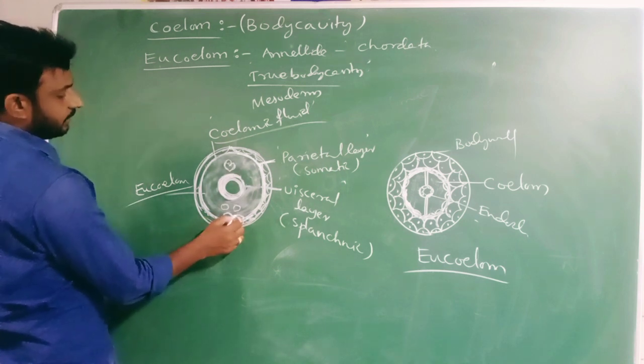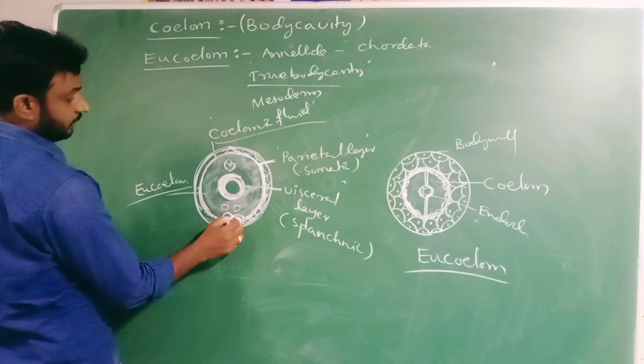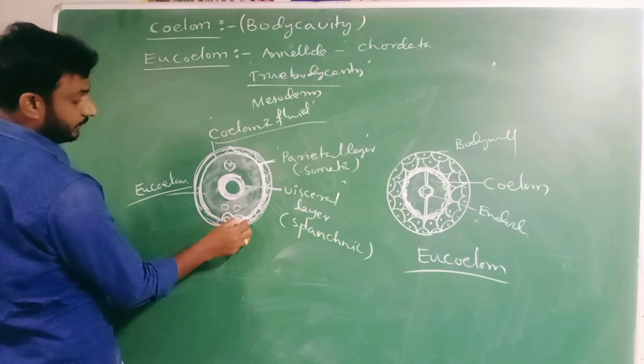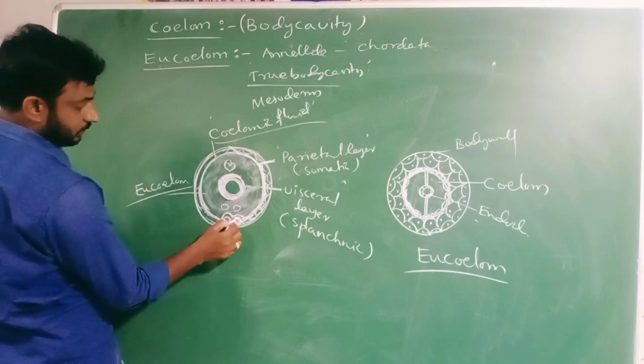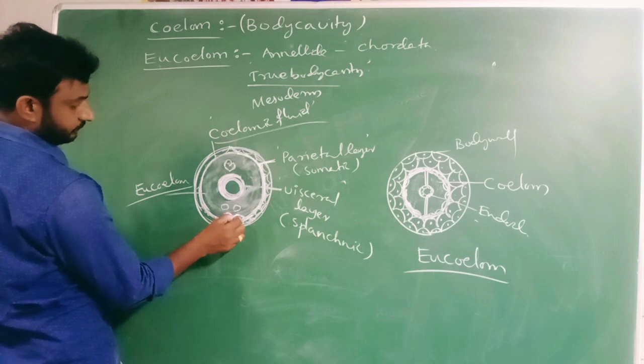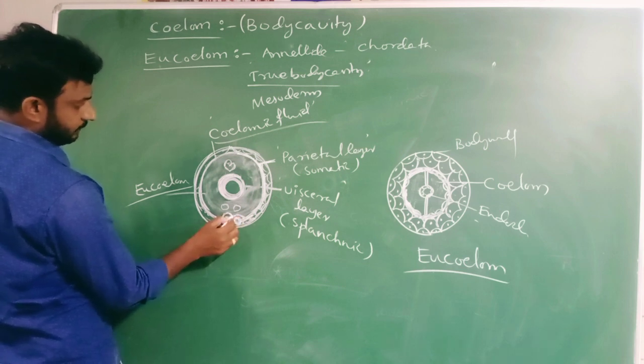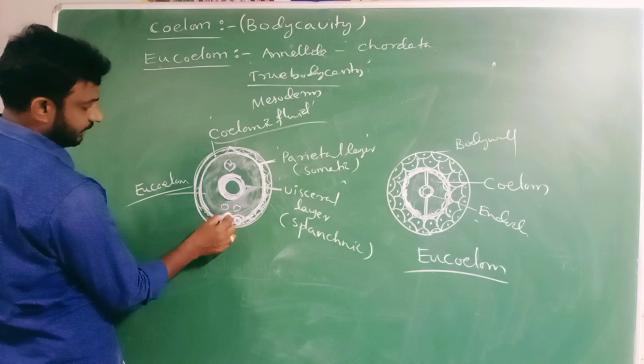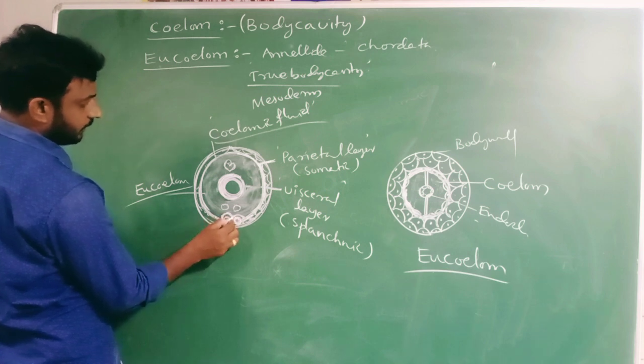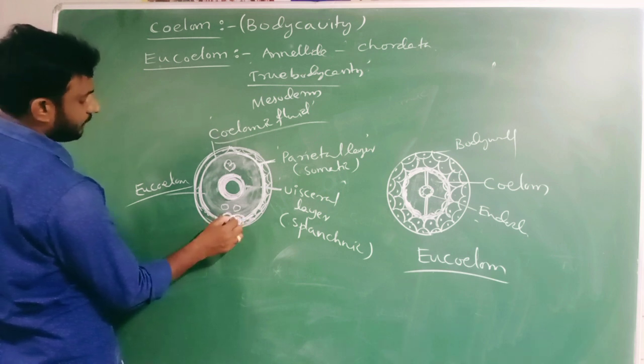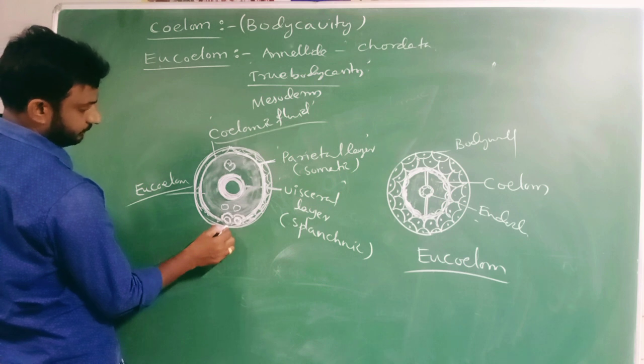Which side are they covered? They are covered only at the ventral side, not at the dorsal side. The parietal or somatic layer covers the kidneys only at the ventral side.